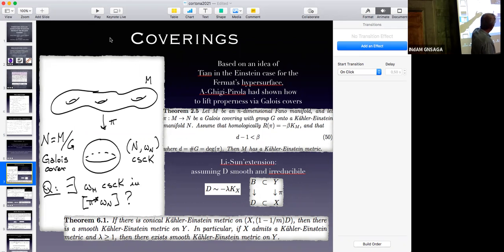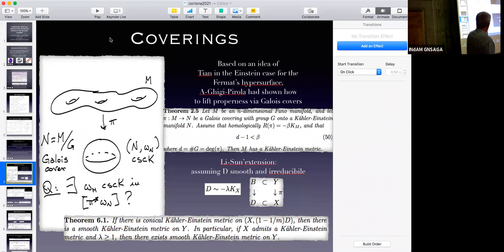And then if some numerology works, the ramification is the right multiple with the right bounds. D is the order of the group, and beta is the coefficient related to the ramification divisor and the canonical class. Then actually you can lift the Kähler-Einstein.